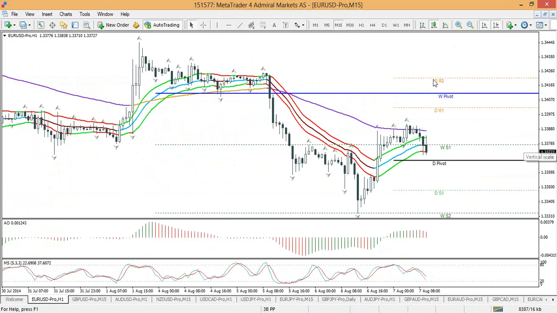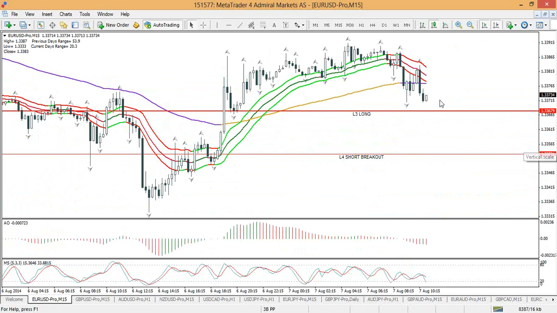But the euro dollar is showing some nice momentum here to the downside as well. But anyhow, that's too late probably. Dollar yen is hanging in the air as well. And that's about it for the moment.